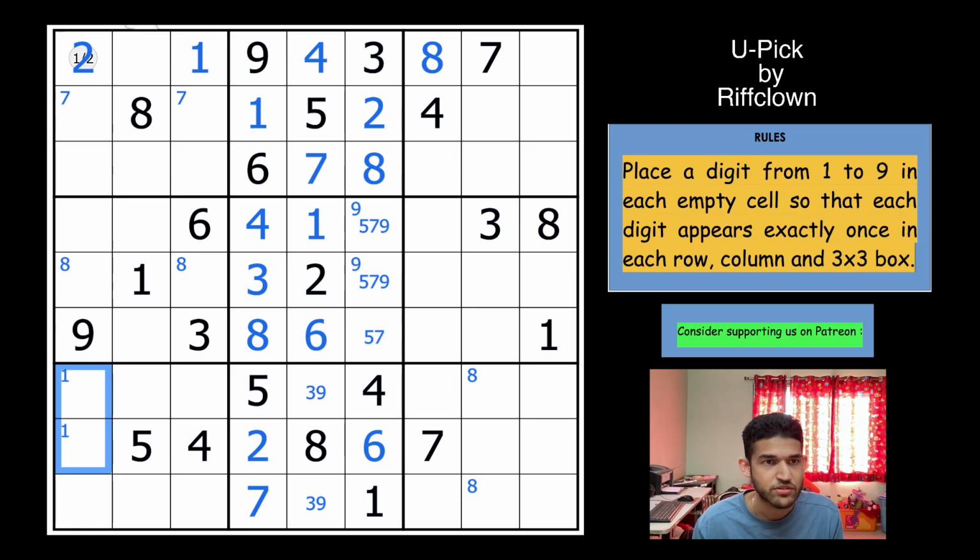Let's finish off row 1. 5, 6 are the remaining digits. Okay, 2 is not in this row and 2 is not in this column, so 2 goes these two cells, that gives 2 in these two cells.